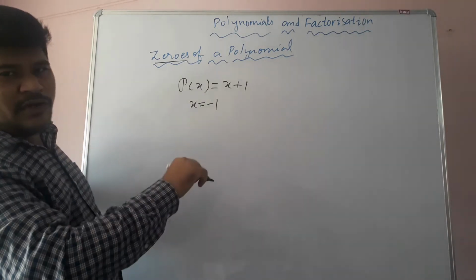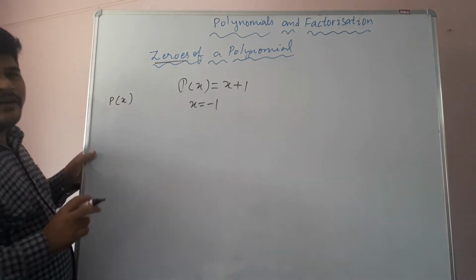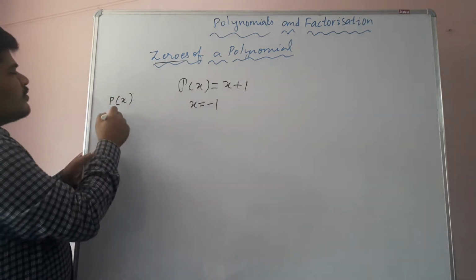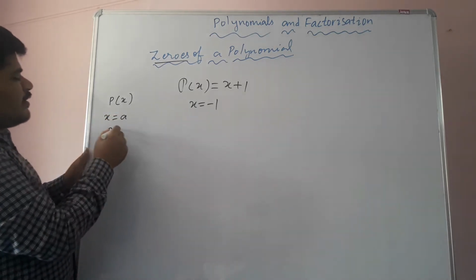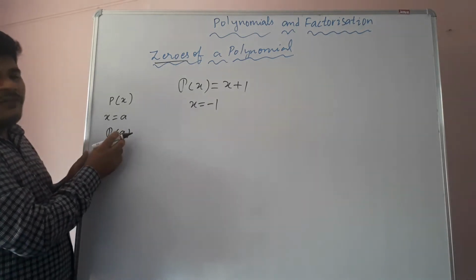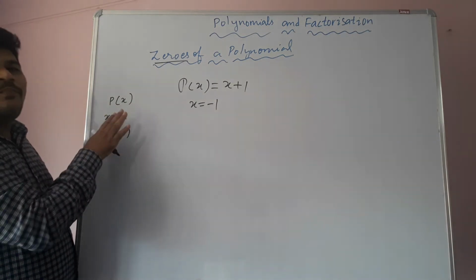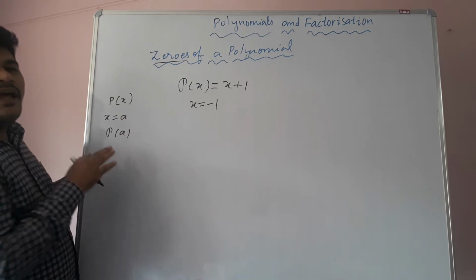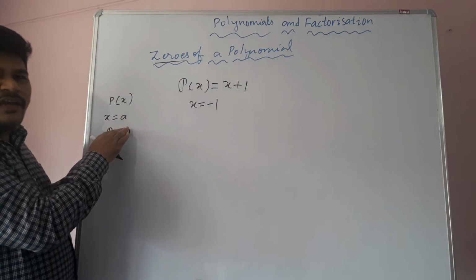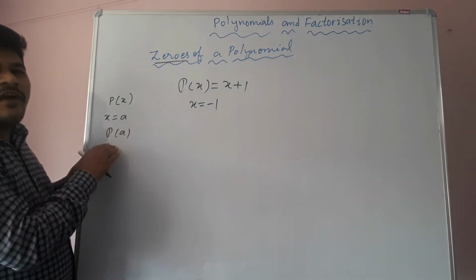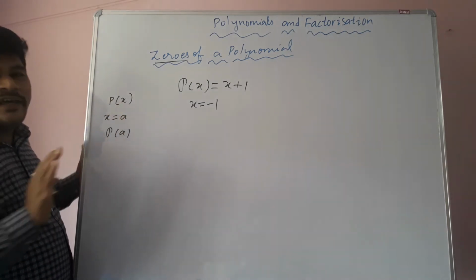So students, one more concept. Suppose p of x is a given polynomial. If you substitute x is equal to some real number a, then p of a is the value of polynomial p of x at x is equal to a. If you replace the variable x with a real number a, then p of a is called the value of the given polynomial p of x at x is equal to a.